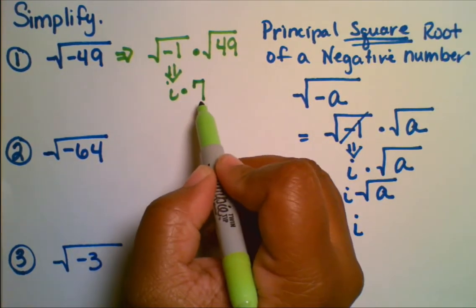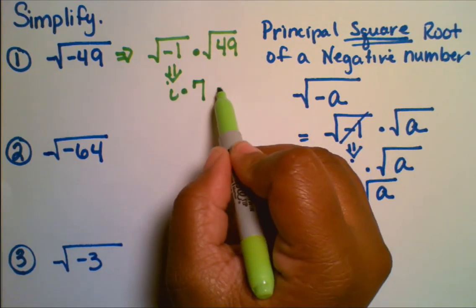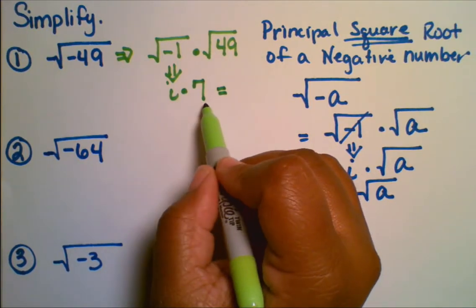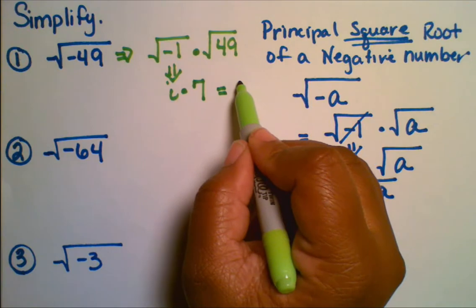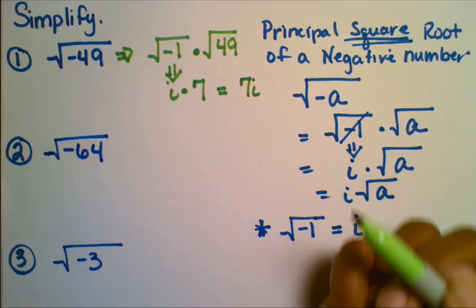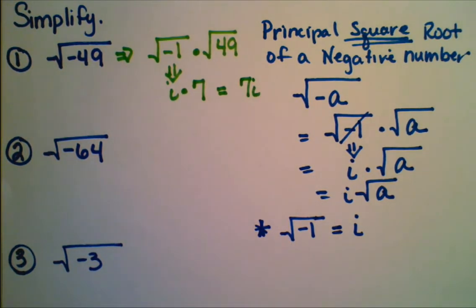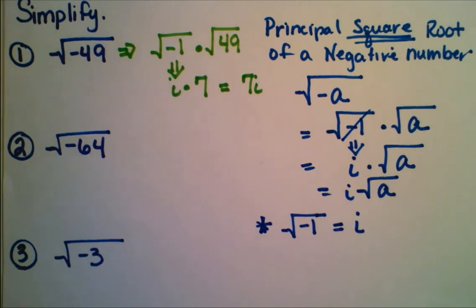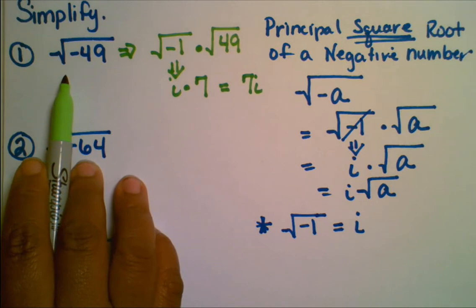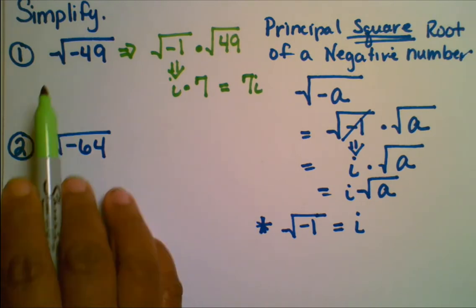As we write our solution, just like if this was a variable x in front of the 7, we want the variable afterwards. So our solution here is 7i. And that's all we can do. Now we're able to take the square root of a negative radicand.